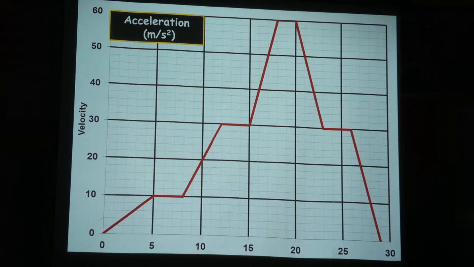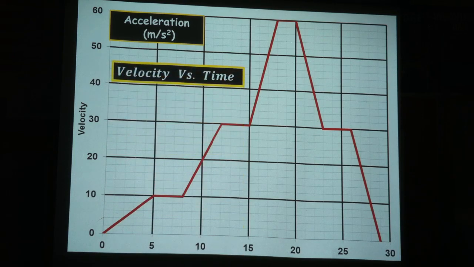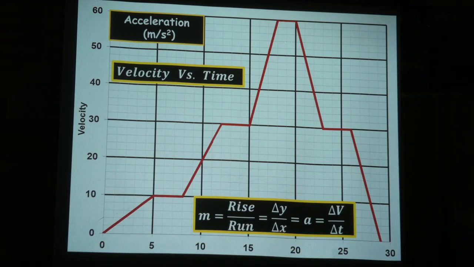In other words, the slope of the lines determines whether something is accelerating, decelerating, or simply going at a constant velocity. So it's a velocity time graph, and the m, or rise over run, or change in y over change in x, will be delta v over delta t.